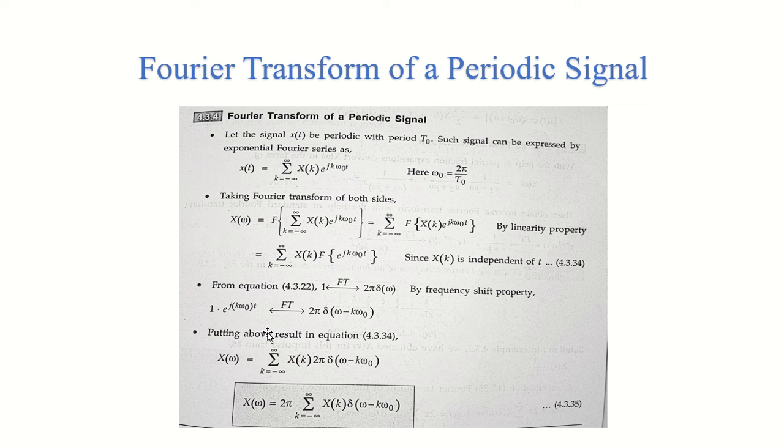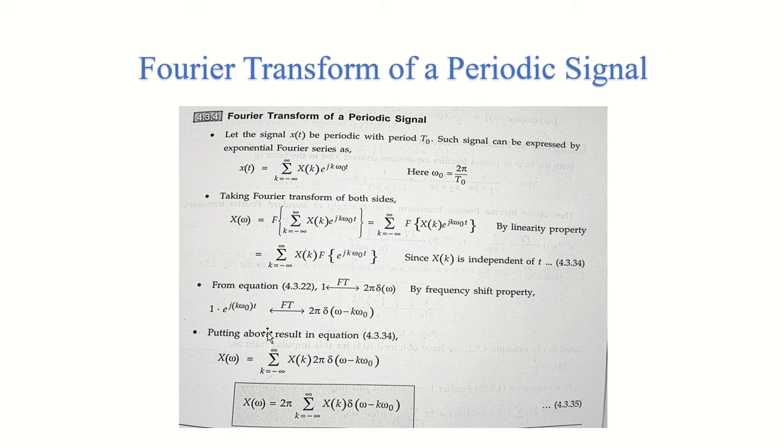The Fourier transform of 1 will be 2 pi delta omega. Remember, whenever you take the Fourier transform of 1, it will be in the form of an impulse, so you will get 2 pi delta omega.